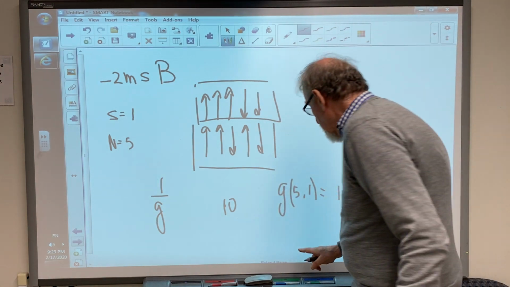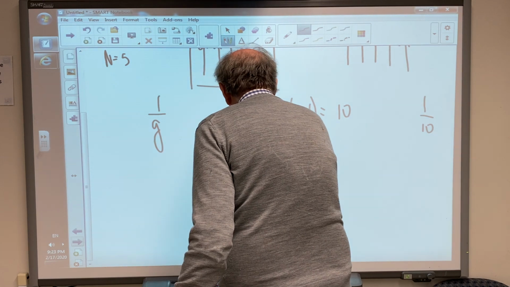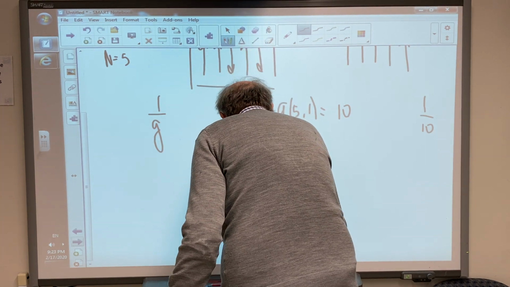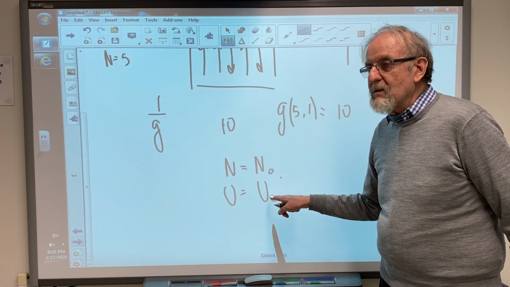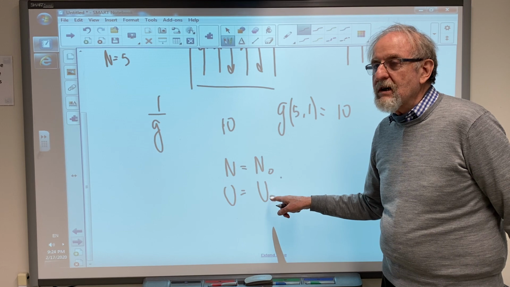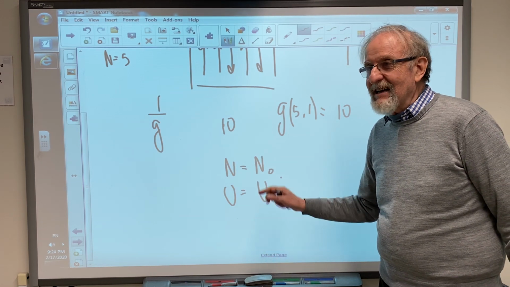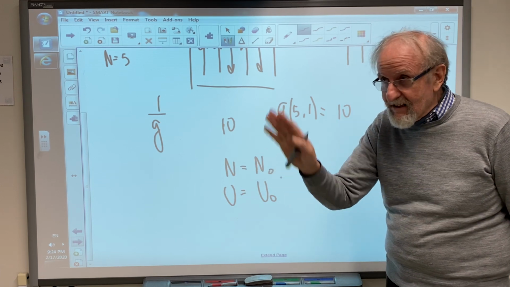So you say, well, my system has N equal to a certain N0 and an energy equal to a certain U0. We'll address later with what precision I can know this, because when we have 10 to the 20 spins, it's not that simple to say the exact energy. You see, flipping one spin is very small, so we'll address that problem later.